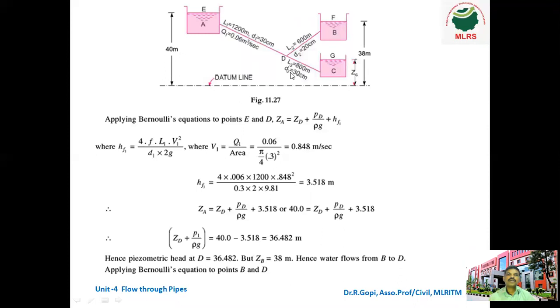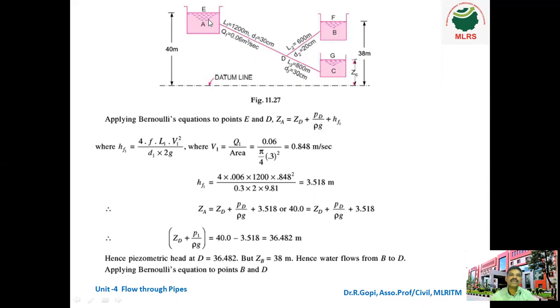Students, here you can see one assumption we assumed wrong. What is that assumption? Q1 is equal to Q2 plus Q3. Actually, that is wrong. You can see from the tank, the flow taken from A and B is combinedly collected to the tank C, because the slope is like that.